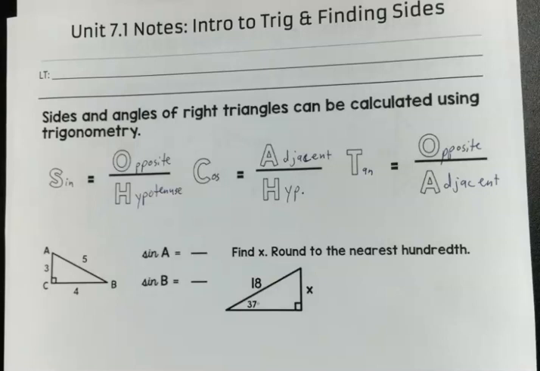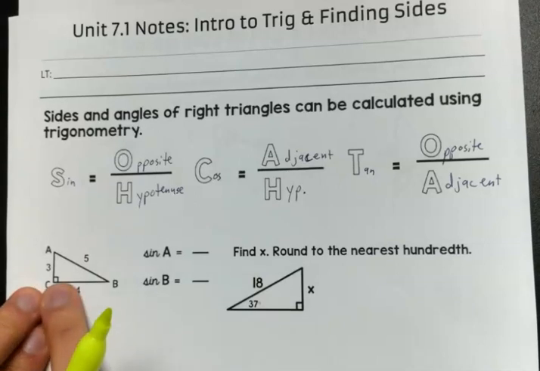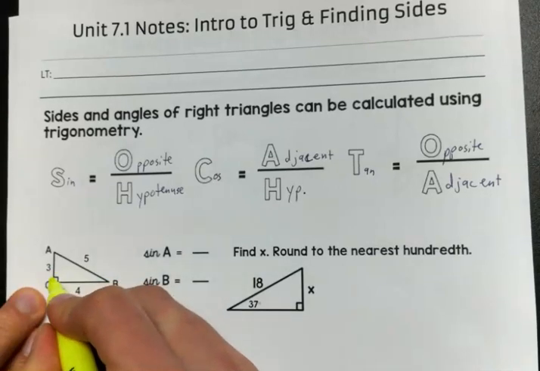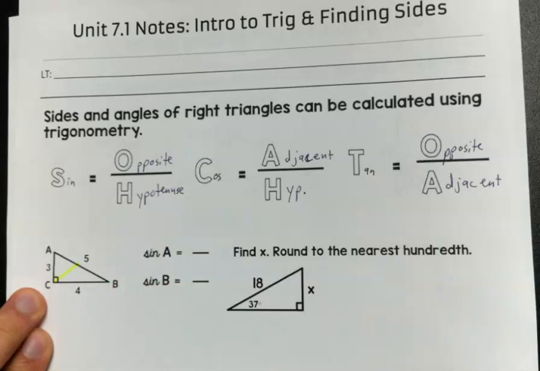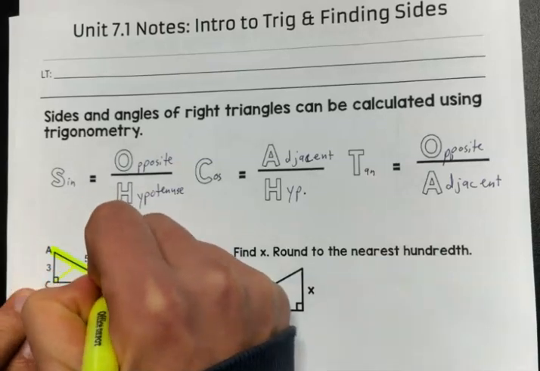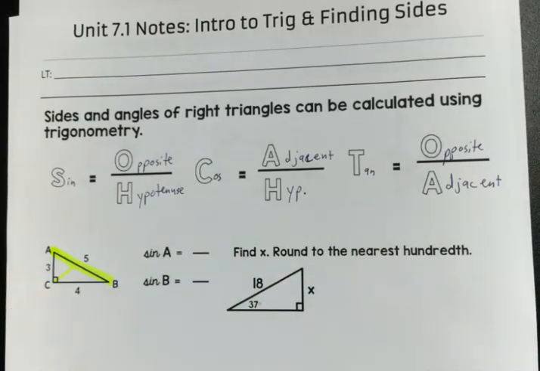All right, so if we remember way back when, what does hypotenuse mean? Hypotenuse means that if I have a right angle, the side that is opposite my right angle, this side right here, is my hypotenuse.